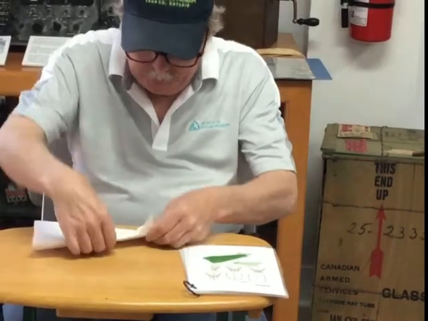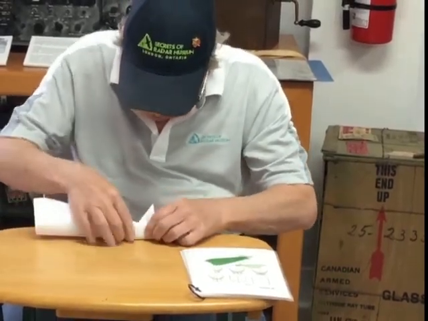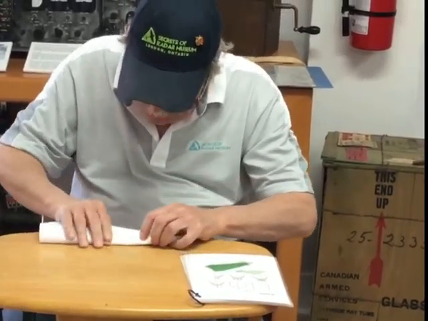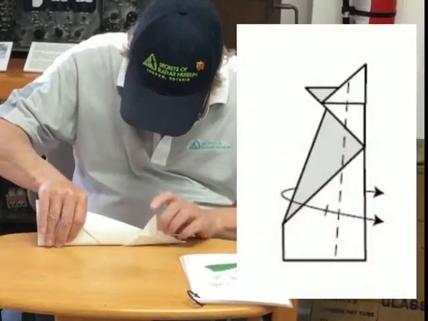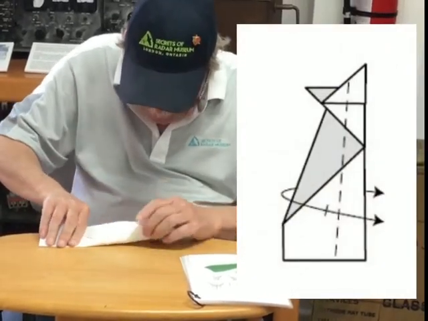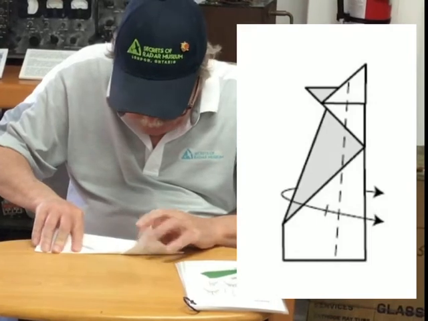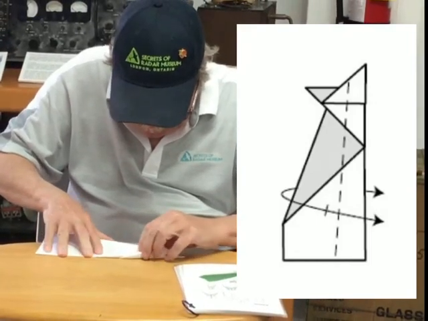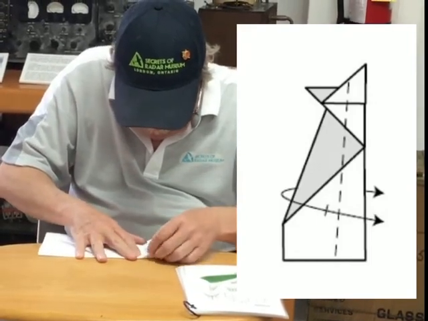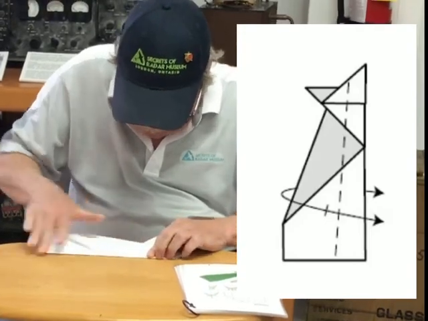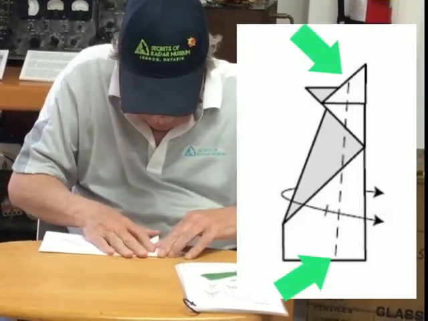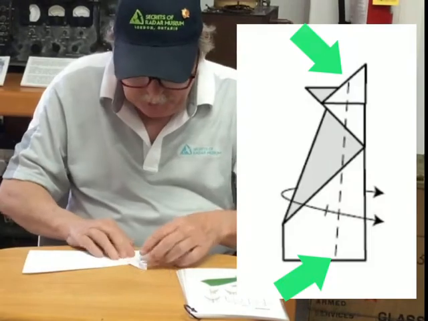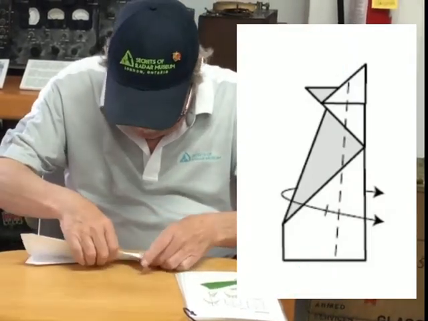Alright, now we're going to flip it over. We're going to put these two fold lines in here. Try and keep them parallel to the middle fold. Flip it back over. Same thing on this side.